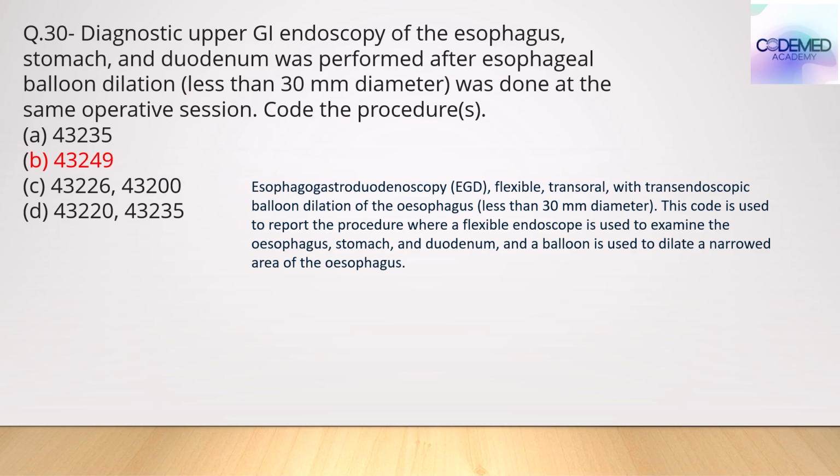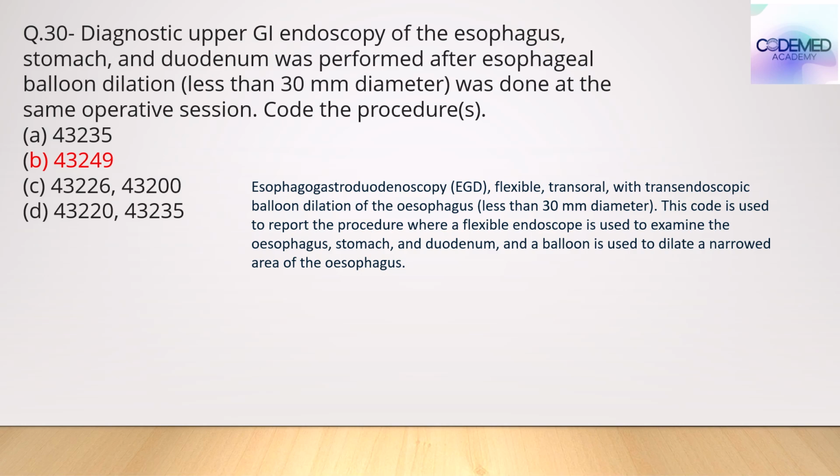And 43226 is basically the insertion of the guide wire followed by the passage of the dilator. There is no mention of the word dilators or the passage of the guide wire. And even 43200 is the esophagoscopy, it is not an EGD.